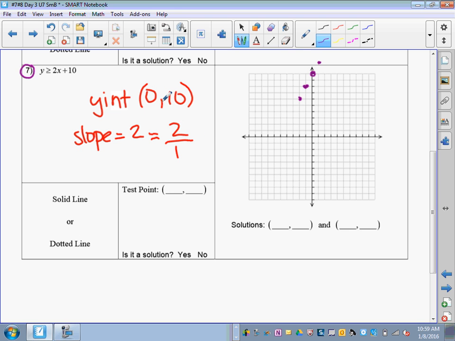Is this a solid or a dotted line here? Solid line, yes. We have the or equal to, so it's going to be a solid line. So let's draw our line through here.